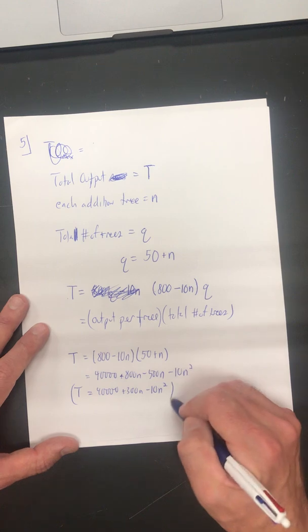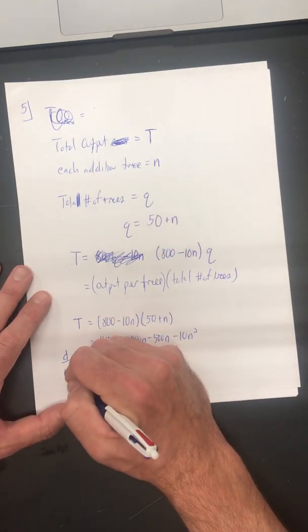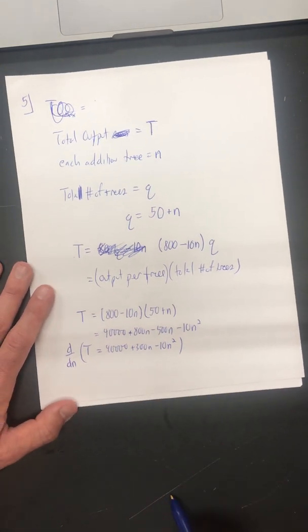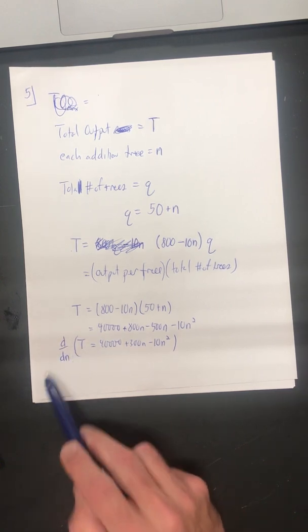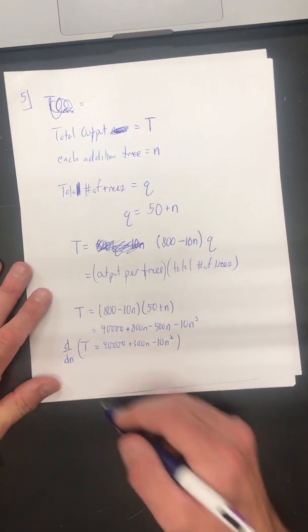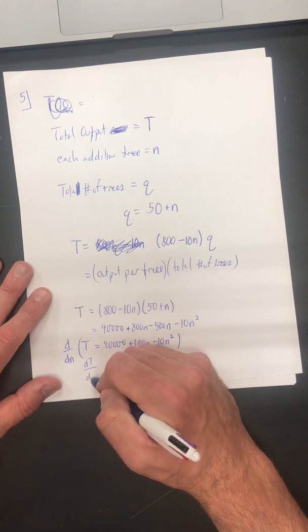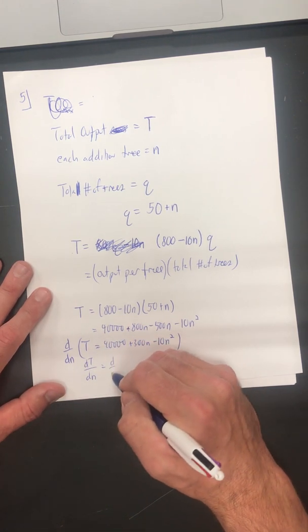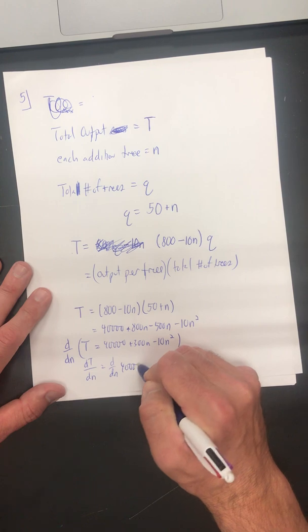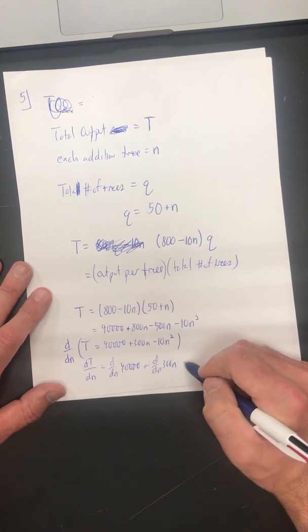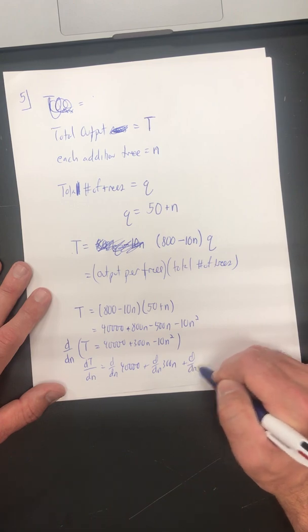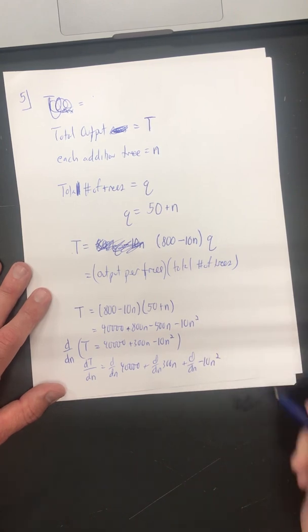So what I want to do here is find out how many additional trees gives me the maximum output. So I want to take the derivative of T with respect to the number of additional trees. So dT/dn is equal to d/dn of 40,000 plus d/dn of 300n plus d/dn of negative 10n squared.